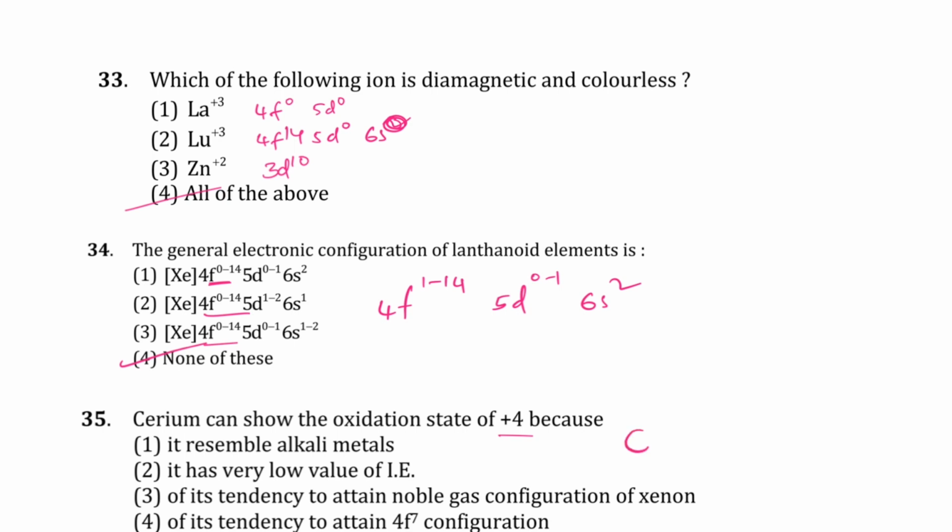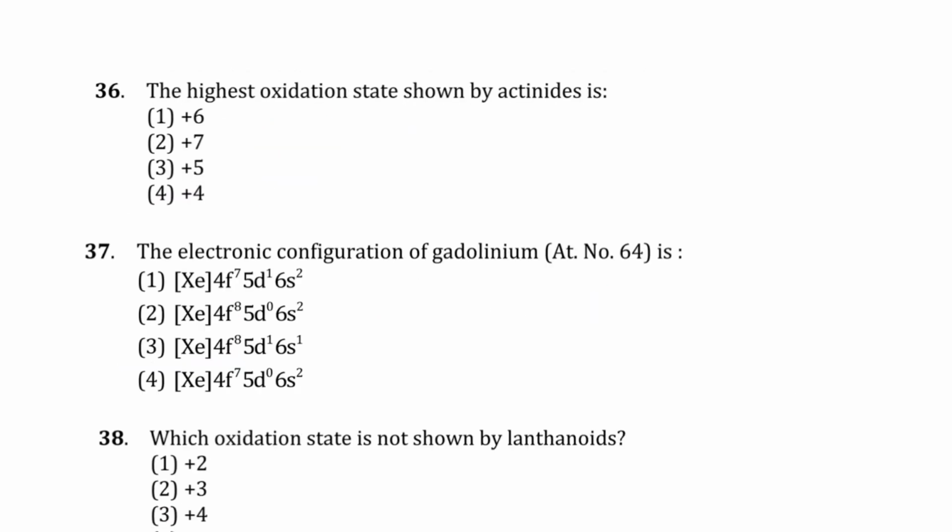First of all, cerium has atomic number 58, so xenon along with 4f1 5d1 6s2. When these 4 electrons are lost, we get the noble gas configuration, cerium in the plus 4 form. Therefore the third option is correct.